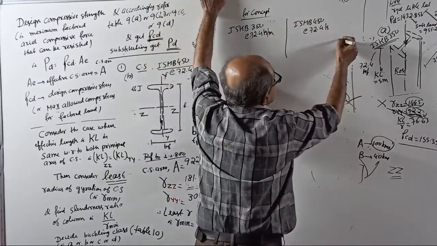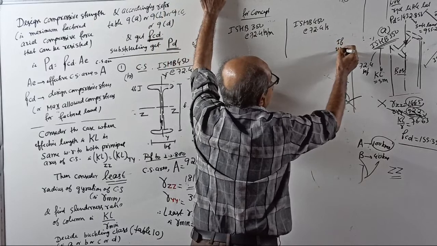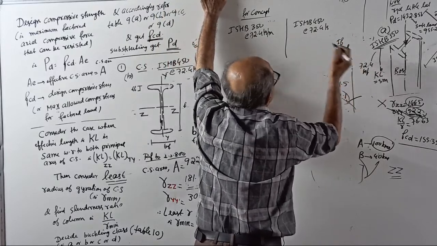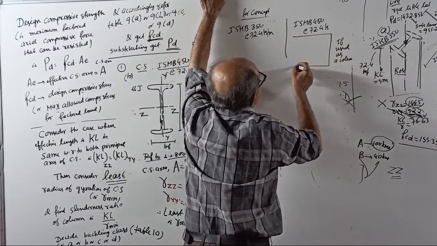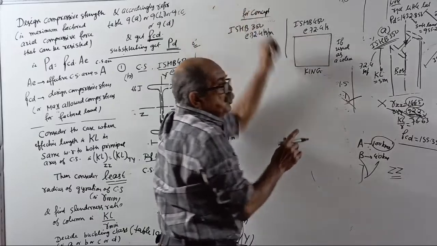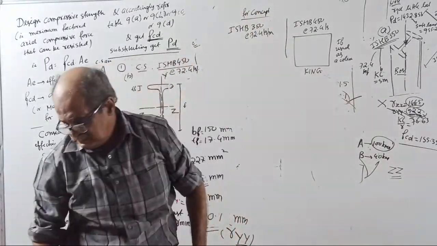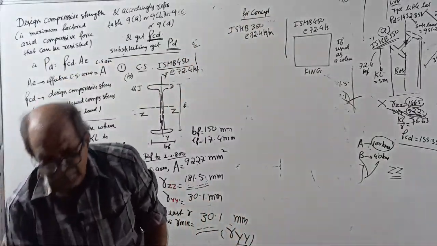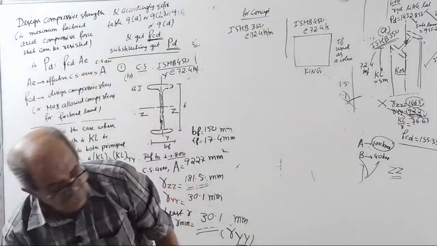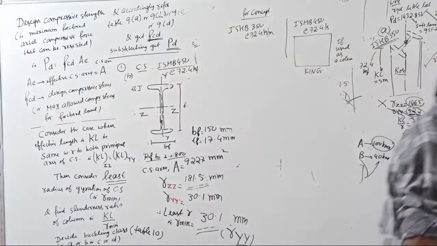If used as a column, tell me, who is the king? HB or MB? HB. If you use it as a column, HB is the king.